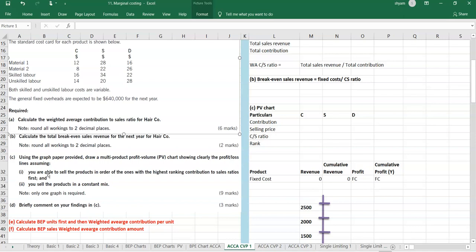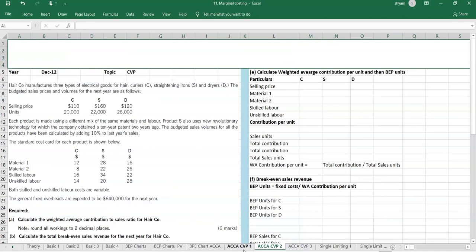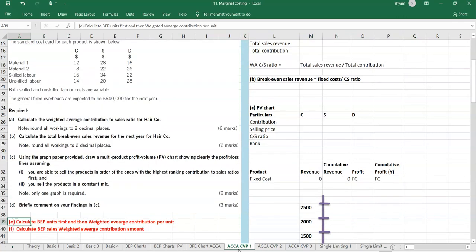You have to draw two kinds of lines. You are able to sell the products in order of the ones with the highest CS ratio, and you also have to tell a constant mix ratio. Okay, you have to do two charts. In a single chart you have to show both, and this we'll do later. Comment on the findings, calculate BEP units first, and then find out the weighted average contribution per unit.